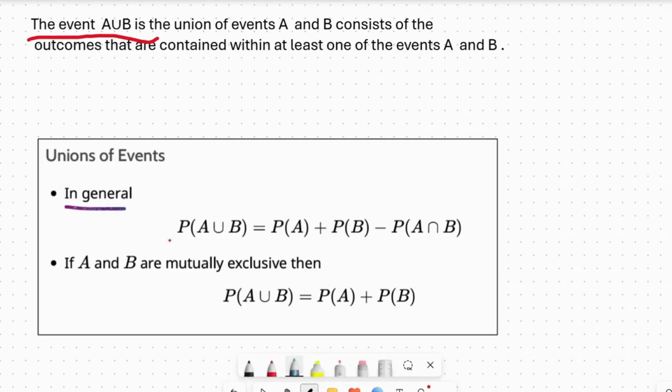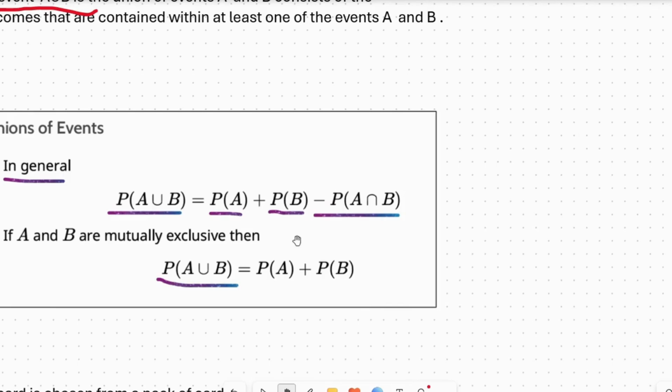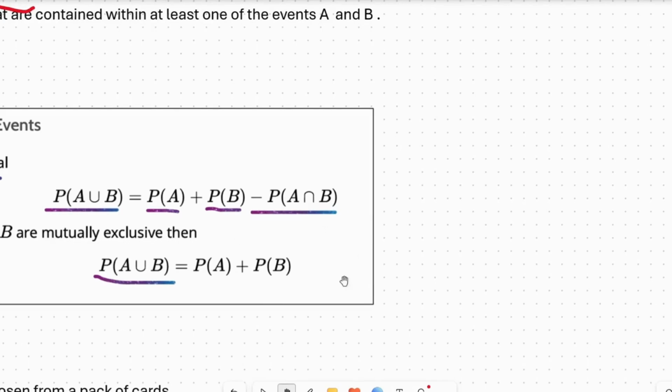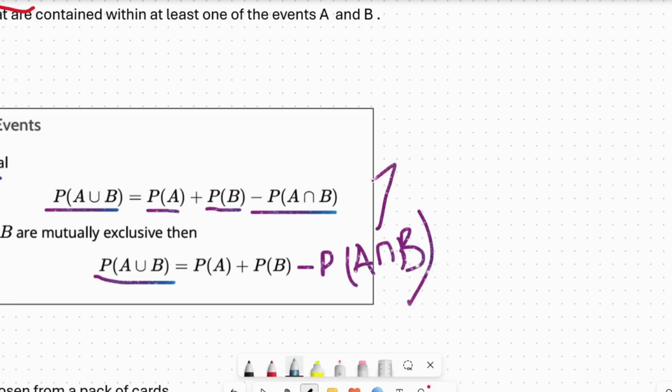In general, probability of A union B is probability of A plus probability of B minus probability of A intersection B. If A and B are mutually exclusive, then probability of A union B is equal to probability of A plus probability of B. When events are mutually exclusive, there is nothing in common, so for mutually exclusive events the A intersection B part is equal to 0, and we do not need to write it.